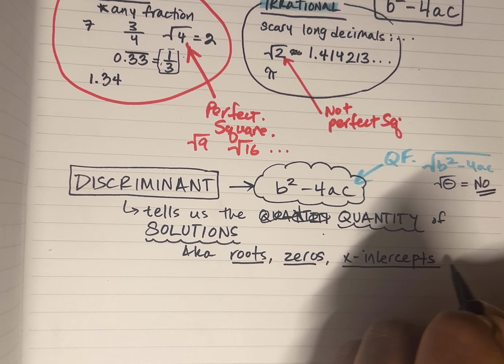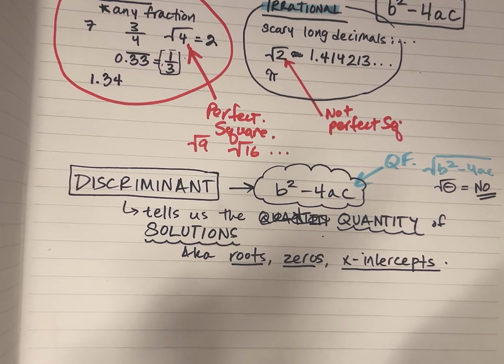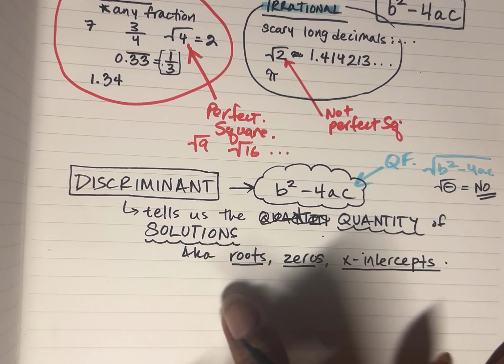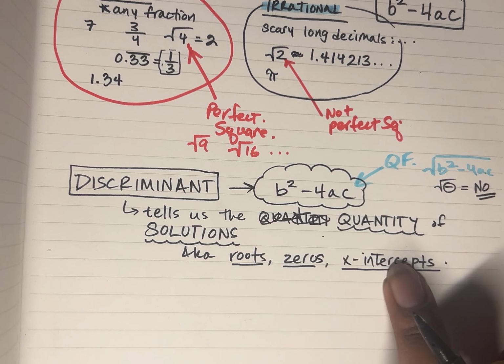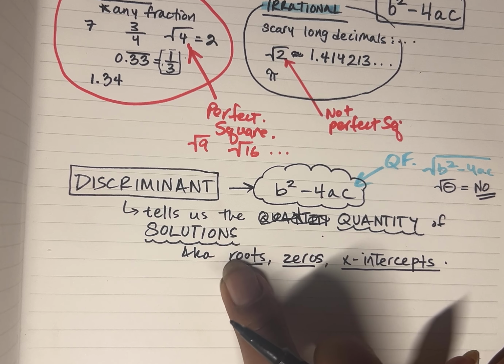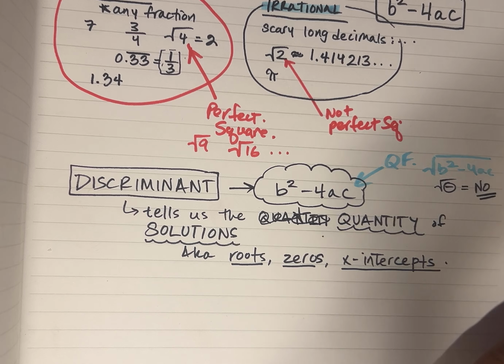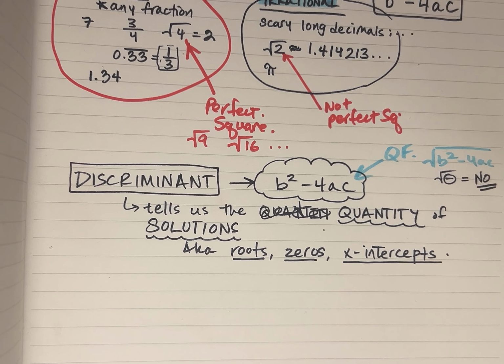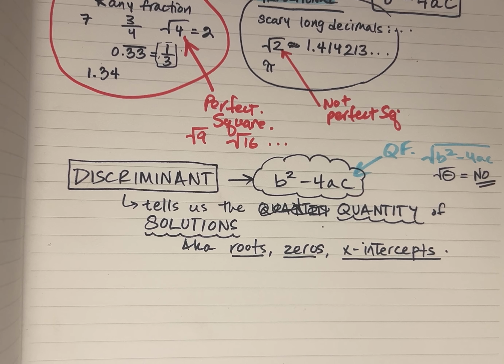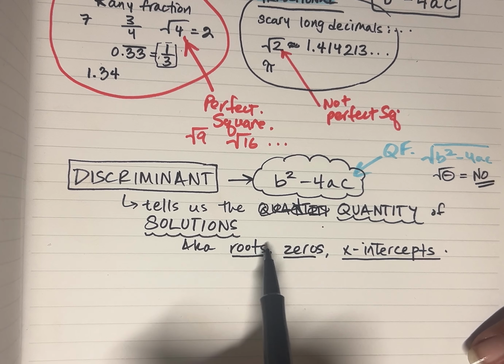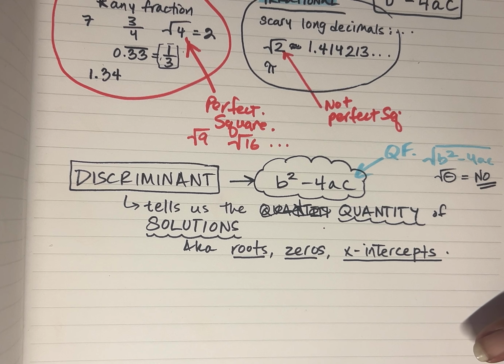Next class, we will be graphing quadratics, and this will make a lot of sense as to why they're called x-intercepts, why they're called zeros, why they're called roots, once we look at the graphs themselves. But it's important to me that we know these other names for solutions. It might be an extra credit question I ask the class, or it might even be a way you can get a homework pass from me next class. So please remember the 3 other names for the word solutions.